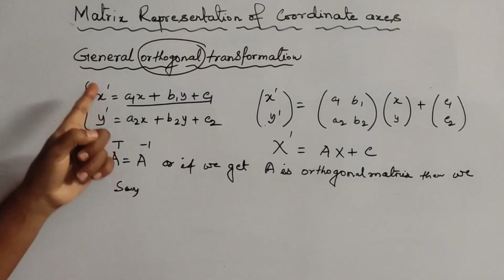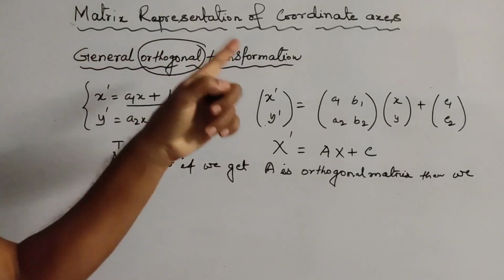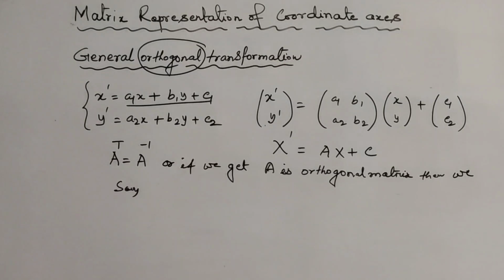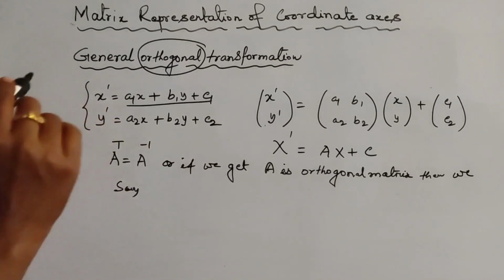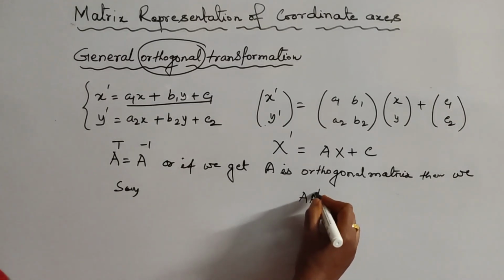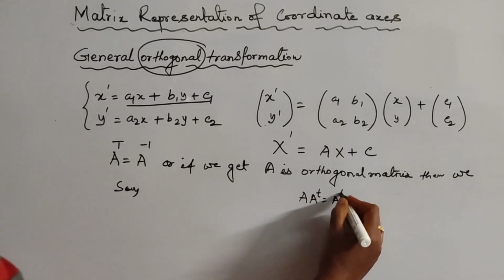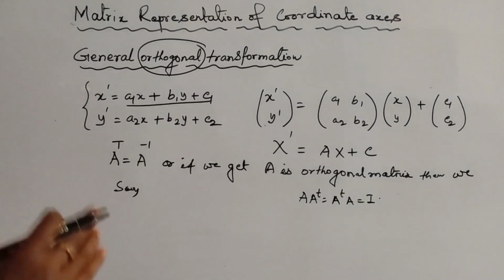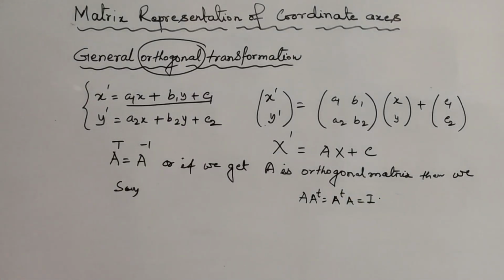Since it is called orthogonal transformation, A must be an orthogonal matrix, that is, A transpose is equal to A inverse. The definition of an orthogonal matrix is A times A transpose equals A transpose times A equals I. This formula is known as the general orthogonal transformation.